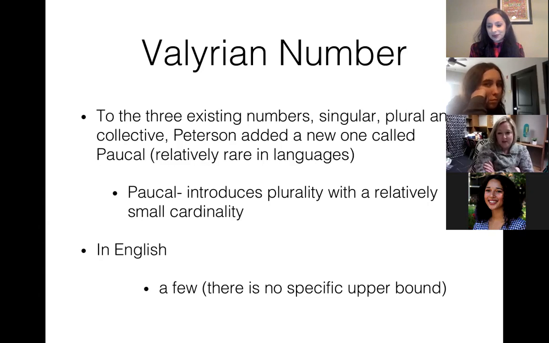Usually when I think of a few, I think of maybe between 2 to 10. Okay. It's non-specific, but if it were 10 or more, I might say several instead of few.